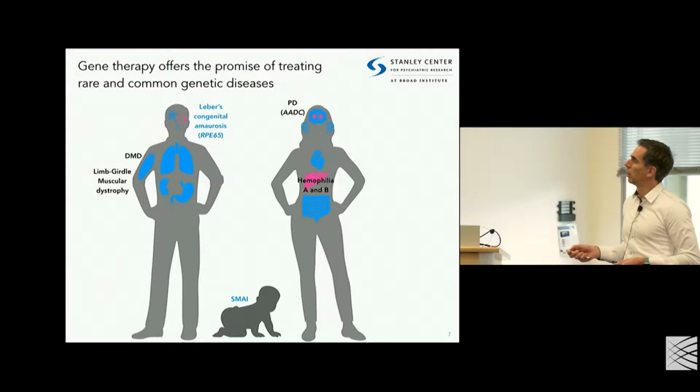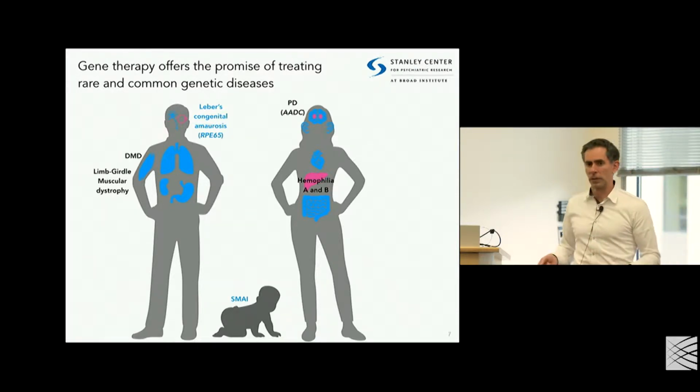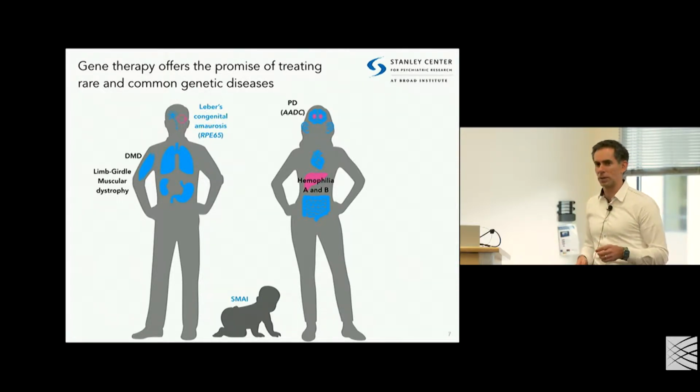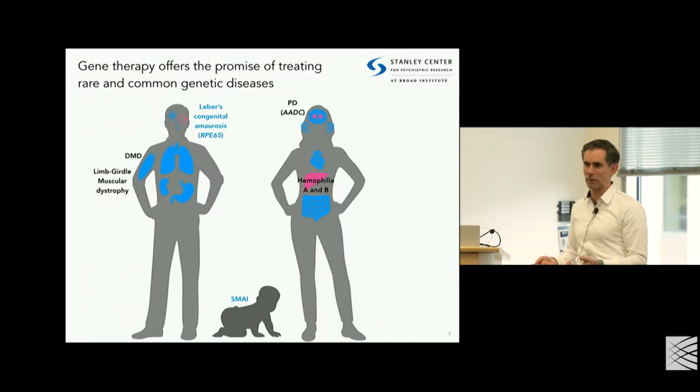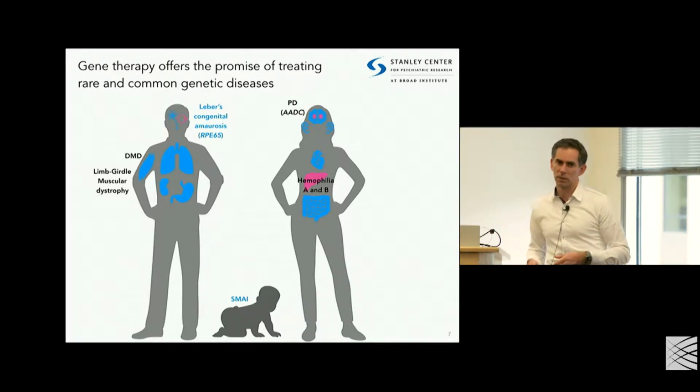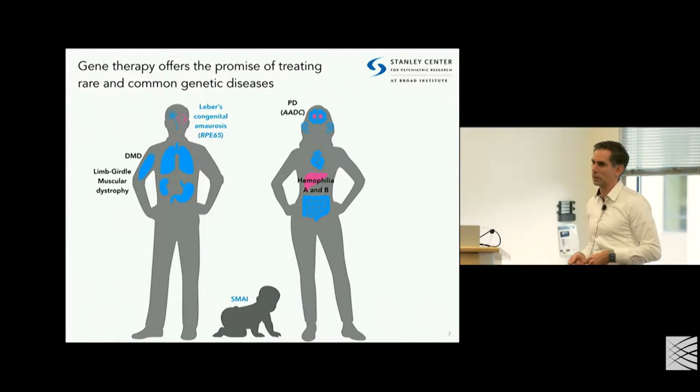There have been trials for both hemophilia type A and B for treating bleeding disorders, as well as a pretty encouraging trial for trying to treat Parkinson's disease by delivering the AADC gene to the striatum, where normally the dopamine terminals are releasing dopamine. When you lose these cells, by putting this enzyme in, you make the cells that normally respond to the dopamine able to make their own dopamine from L-DOPA. Most Parkinson's patients eventually become resistant to L-DOPA, and this allows them to be sensitive again to it.